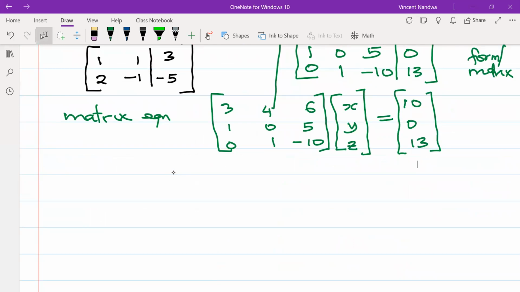Now I want you to try to write this in both matrix and augmented form.